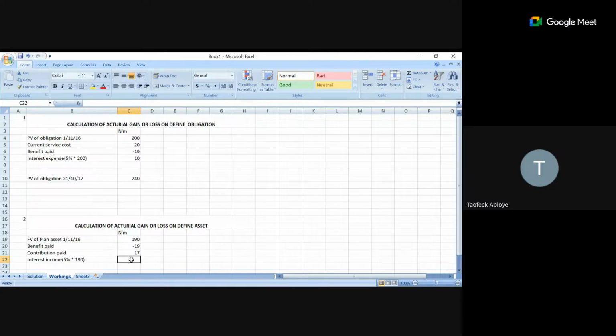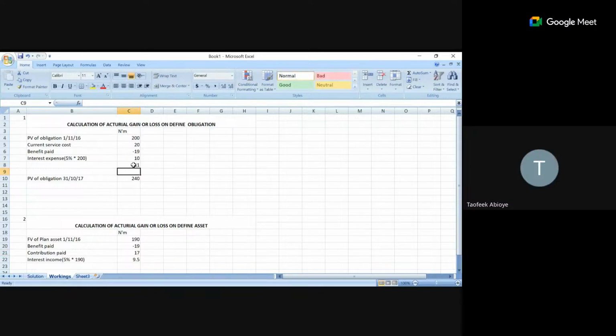Sorry, 9.5. Yes. So that is it. But we must take note. Now, this interest expense, we are done. Are we done with all of them? Yes. So now we can calculate.